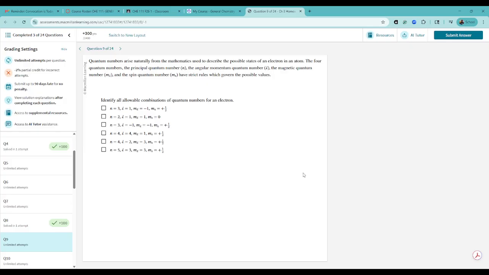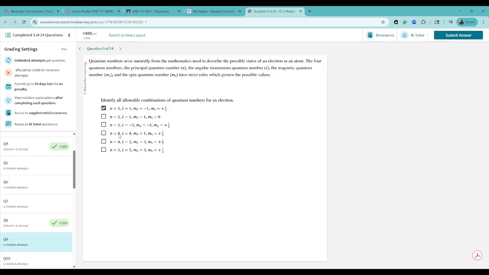Looking at which of these are allowable, when n is 3, a value of 1 is allowable for L. And since L is 1, m sub L can be negative 1. So the first one is allowable. When n is 2, 1 is allowable for L, but m sub S cannot be 0, so no. When n is 3, negative 1, no. L cannot be negative, so we're going to skip that one.